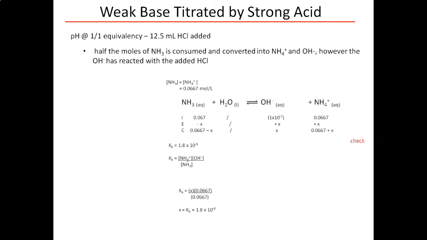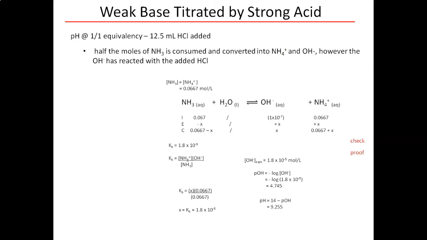We'll probably find that x is not significant, so that'll allow us to simplify, and we'll find that our x value is equal to our Kb, which we can then prove. And so my pH is equal to my pOH.